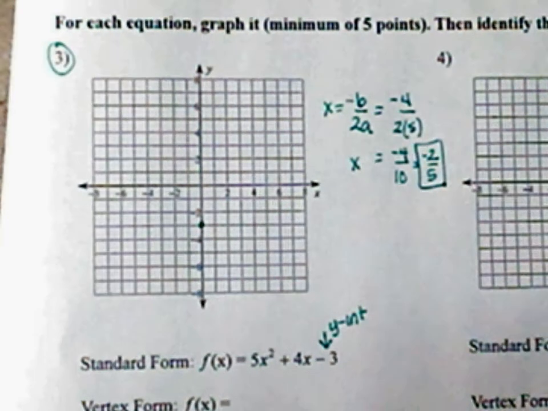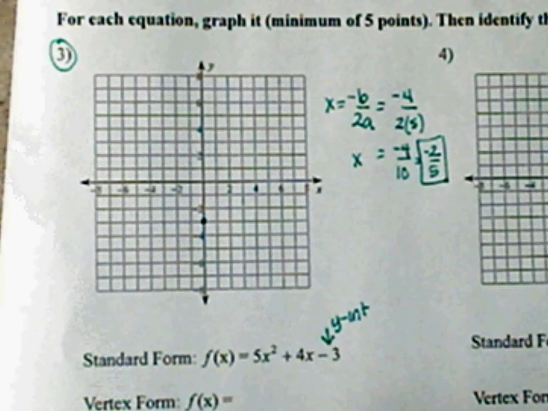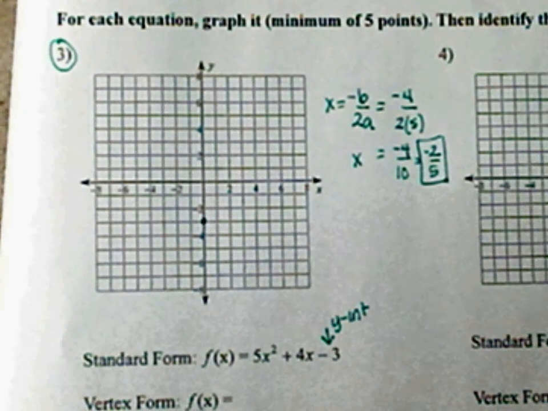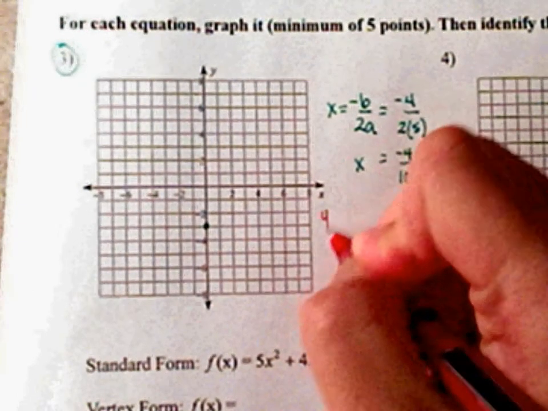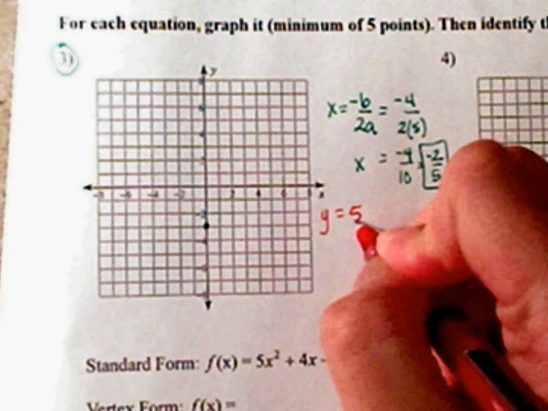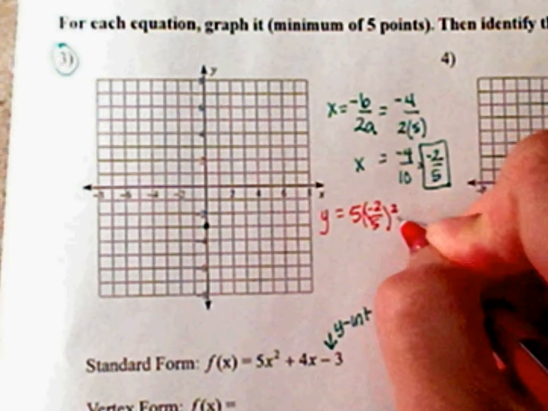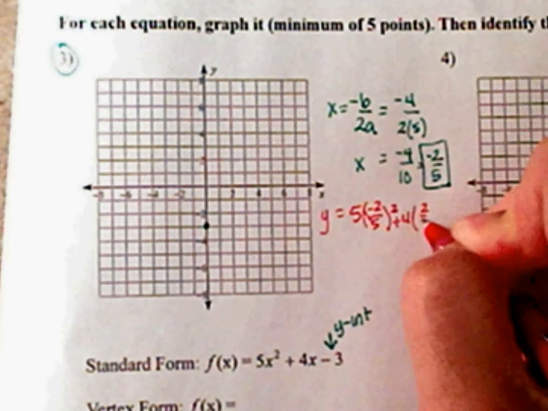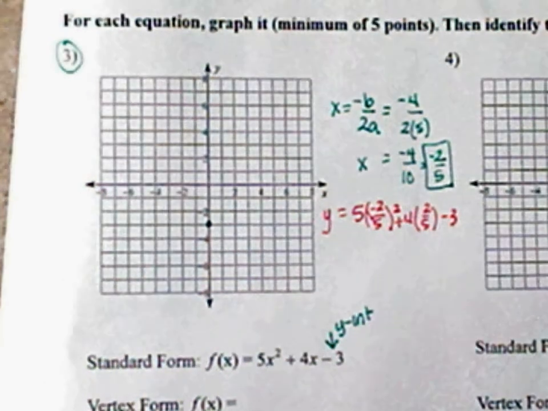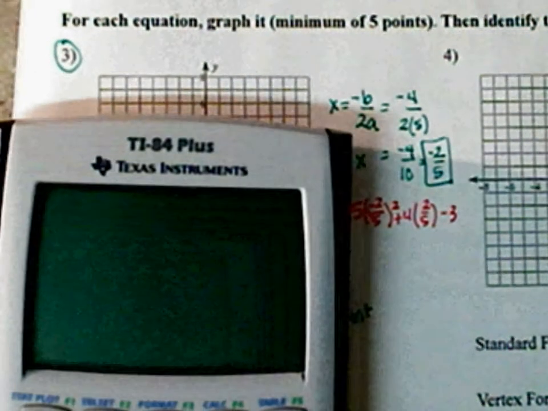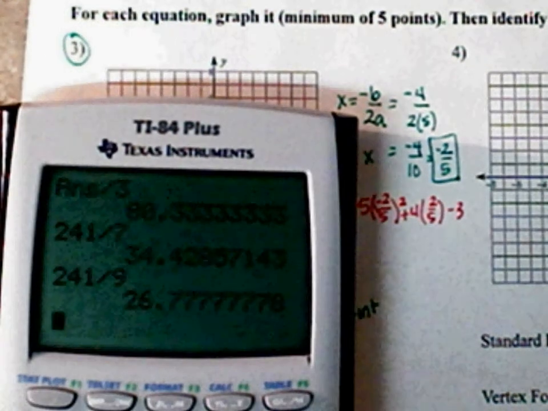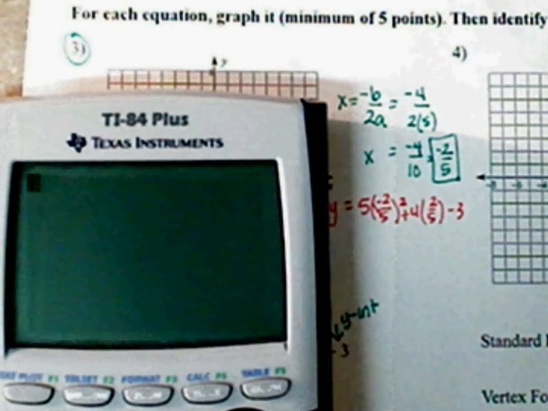To find your y value, you're going to plug it into this equation. So to find your y, you will use -2 over 5 instead of x. You're going to have 5 times (-2 over 5) squared plus 4 times -2 over 5 minus 3. And you can type all that into your calculator. Let your calculator be your friend, but it will not do everything for you, okay?